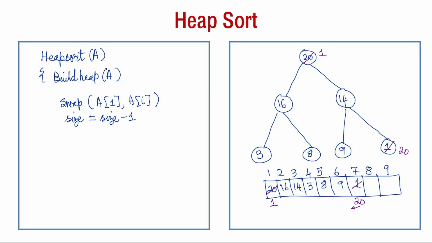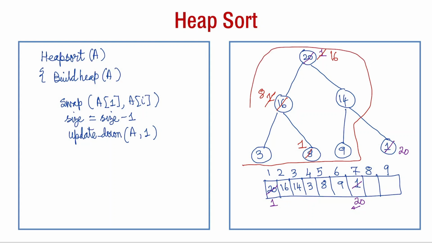That means I will have to call update down A1. As soon as I do that, this value will become 16 in the first round, and this one will go down and become 8, and this will become 1. Now I have got my heap up to here, and my largest element is here.